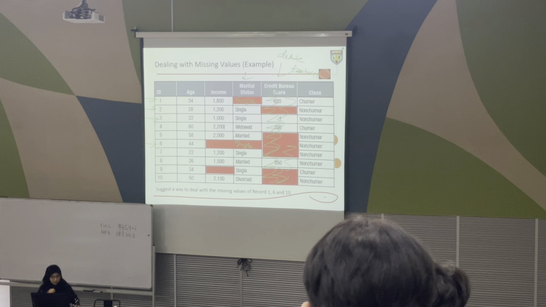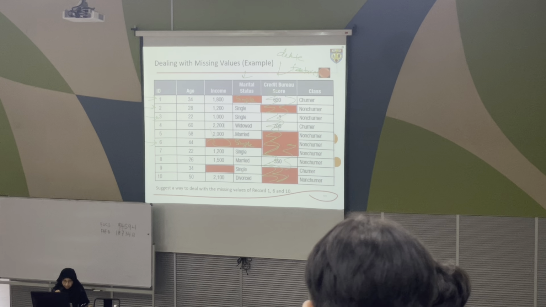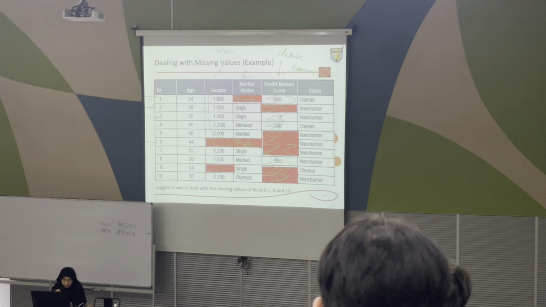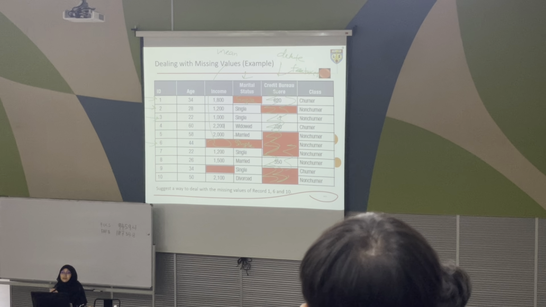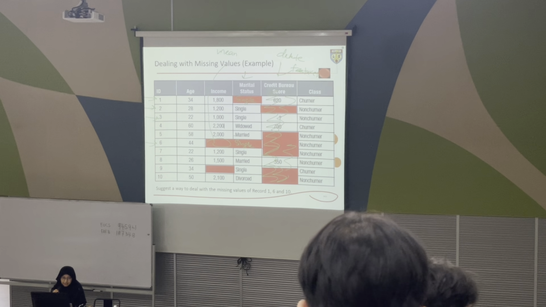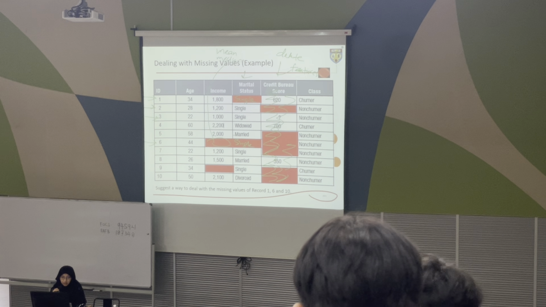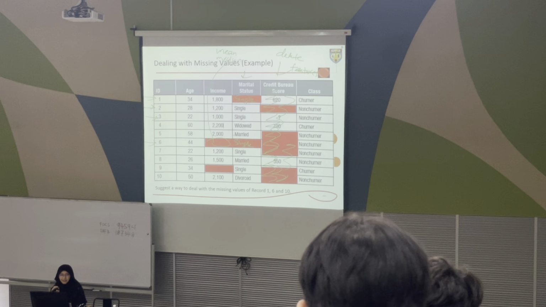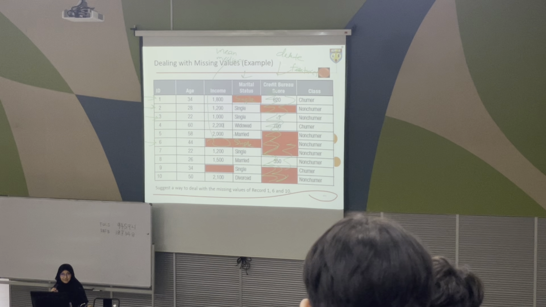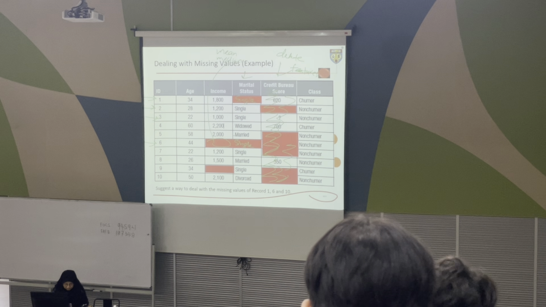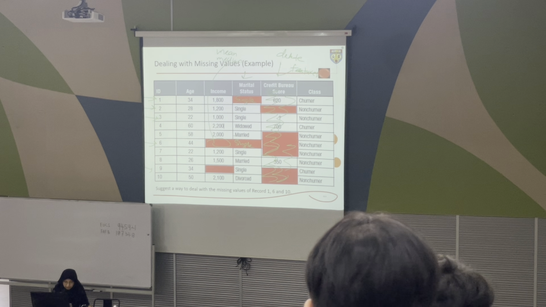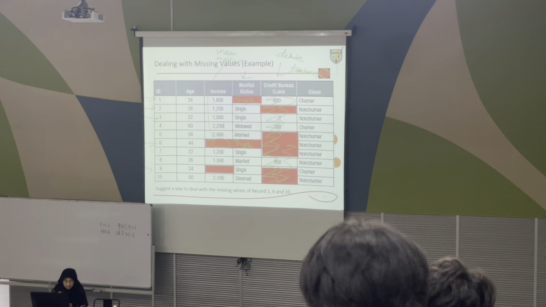Okay, for example, either you can replace it with mean or you can replace it with median, but somehow you need to identify the reason. There is no right or wrong for this one. And then for record 9, you can also replace it with mean or median.